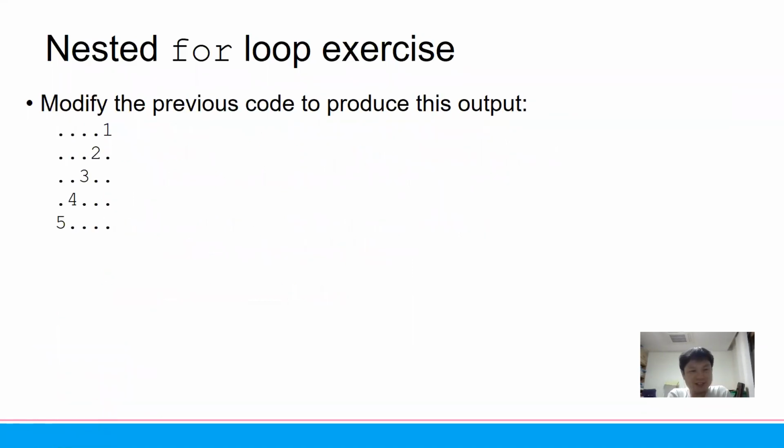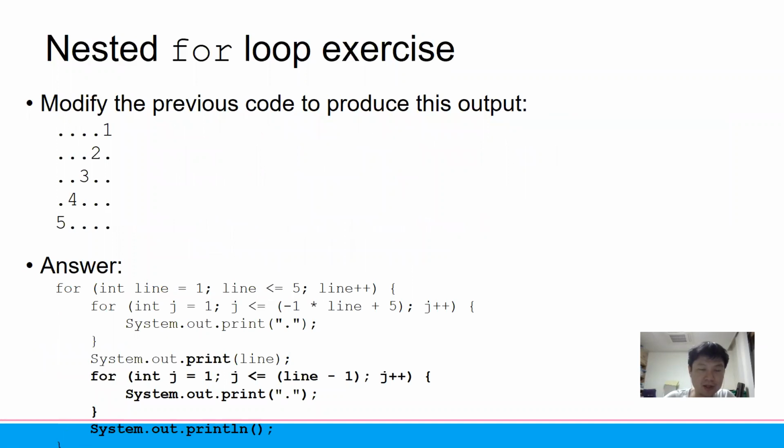Oh, how about this? Now you're not printing all the numbers, but only the numbers on the diagonal. In this case, you make the dots for the first, and then dots for the second, and then you will have the number in the middle of the dots.